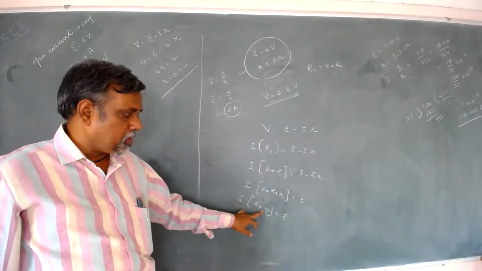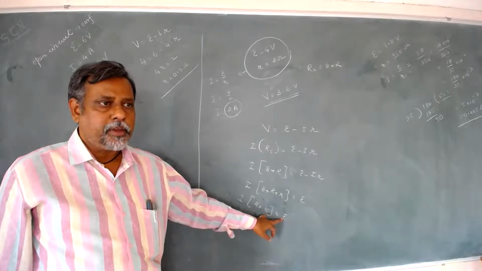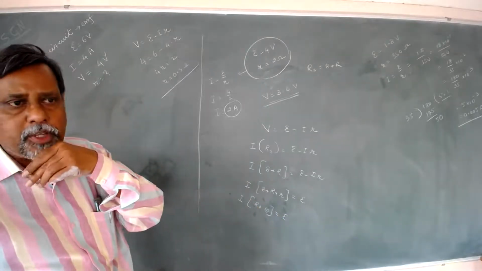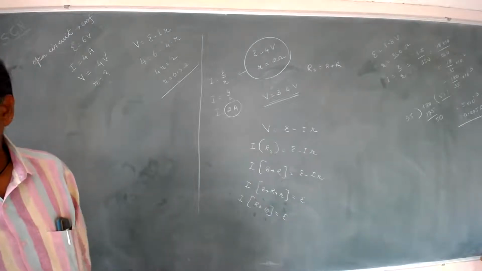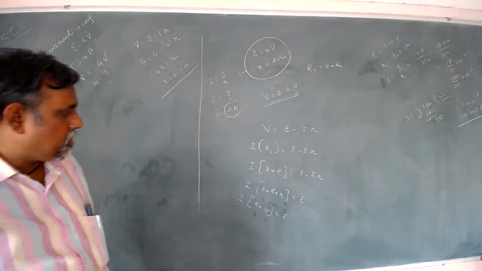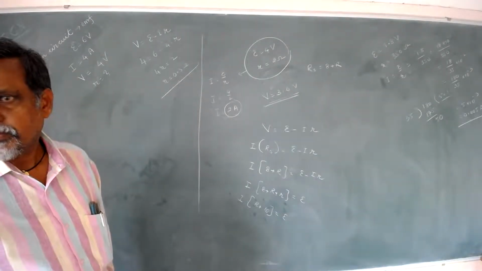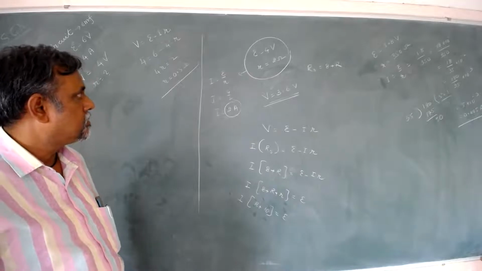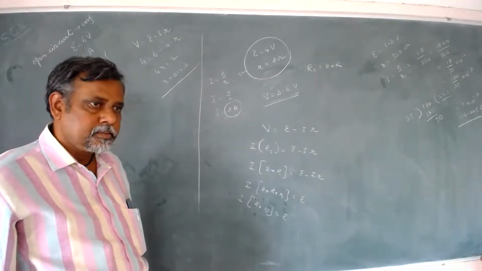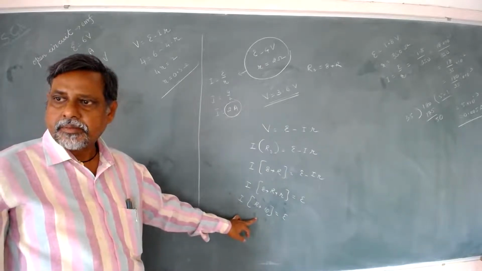So I into total resistance is equal to epsilon. Are you getting my point? So then the resistance which is to be connected will be how much? 12 minus 8.